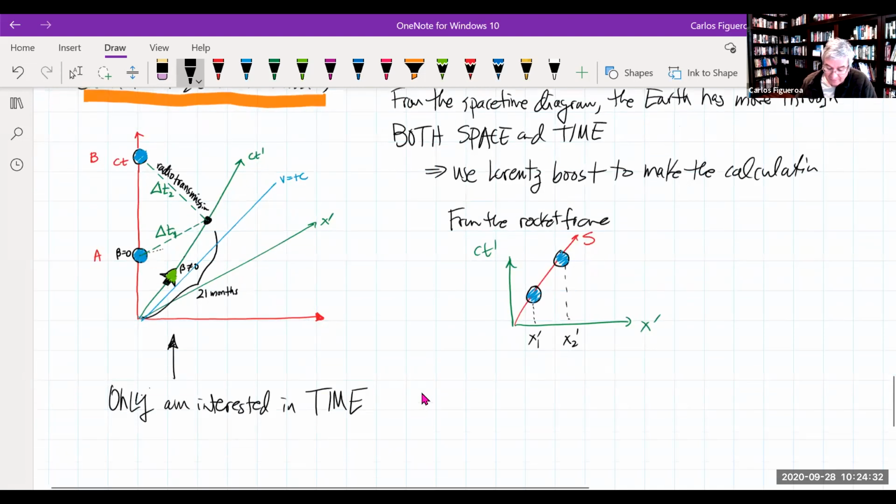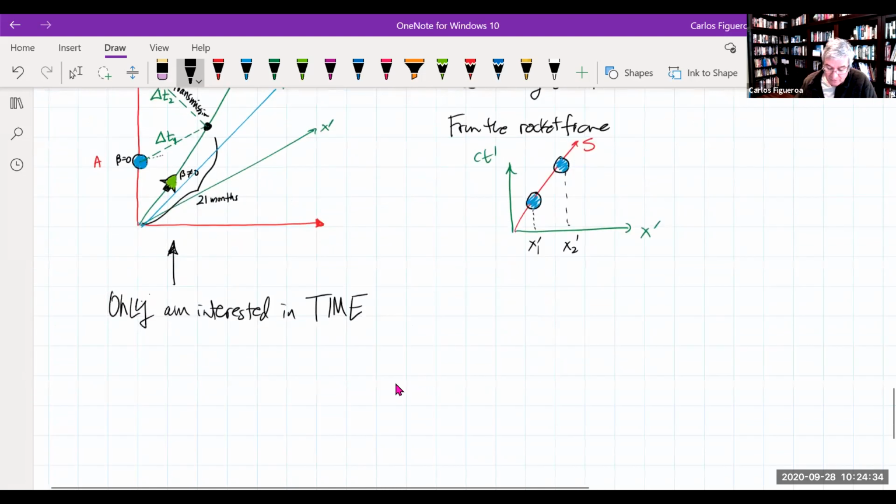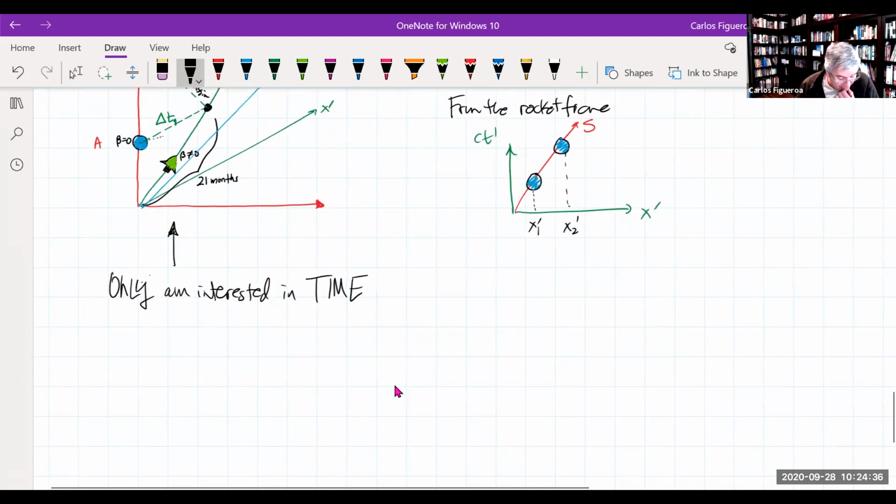So in this scenario, my Lorentz boost is then going to be from the prime frame to the unprimed frame. Because if I use this frame instead, I would need those spatial locations.